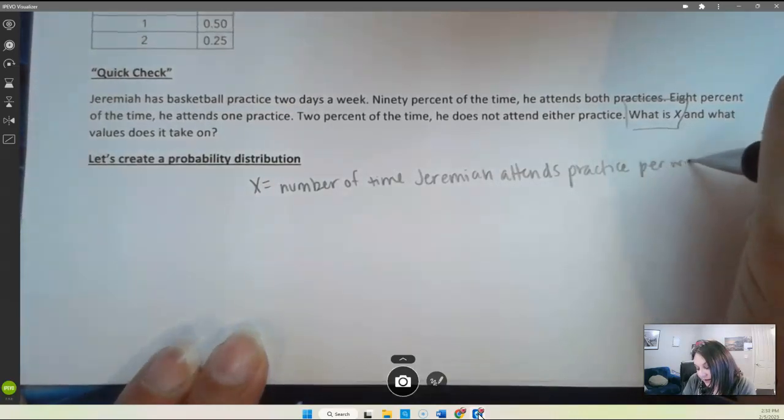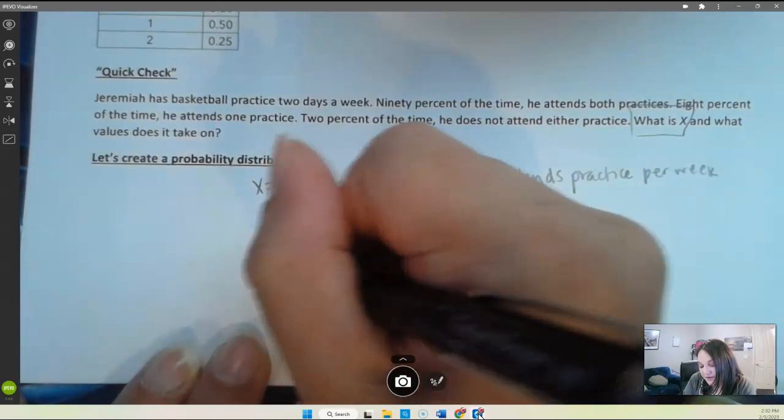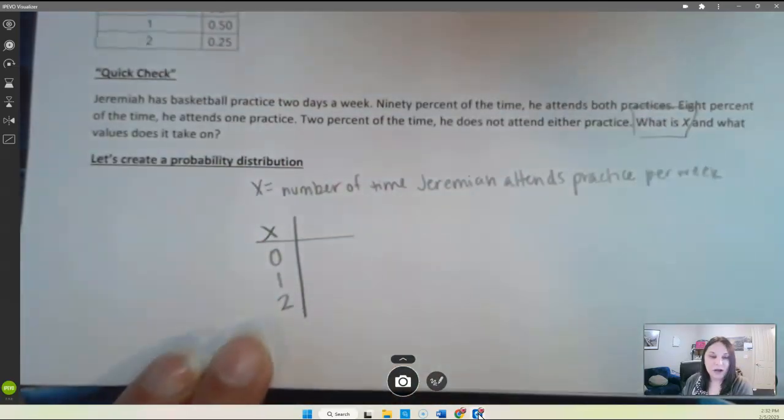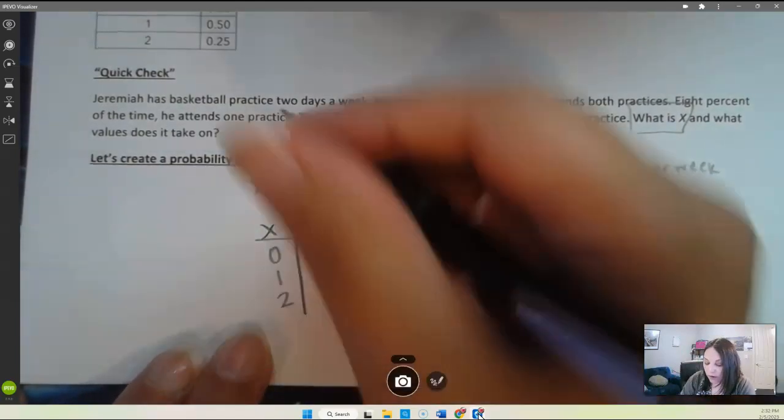And so the first column in our table are all the possible times. Well, if practice is only held twice, the total possibilities would be no time, 1 time, or both times.